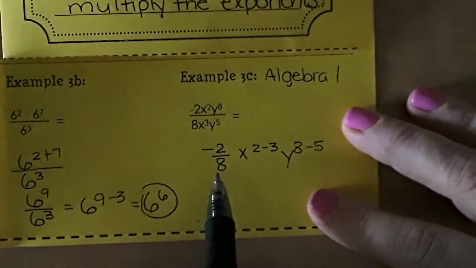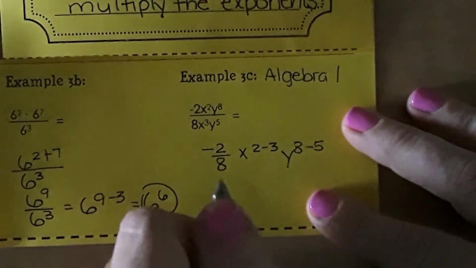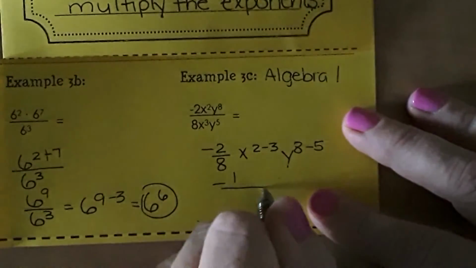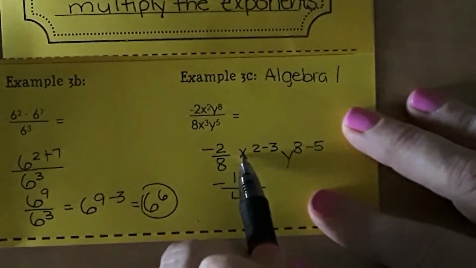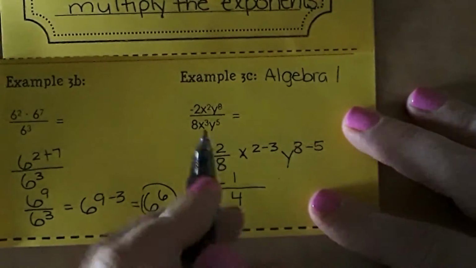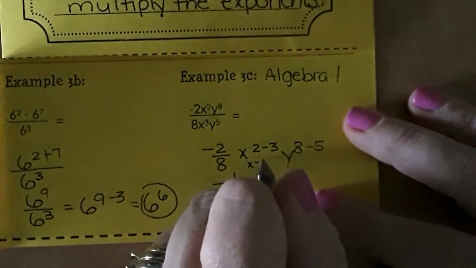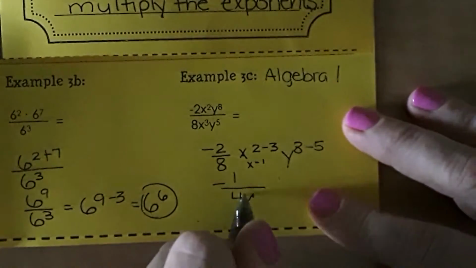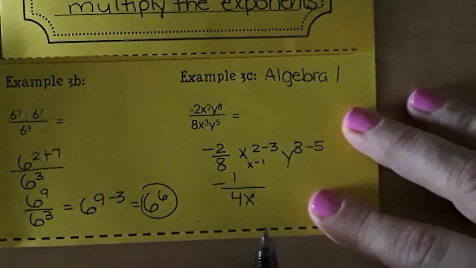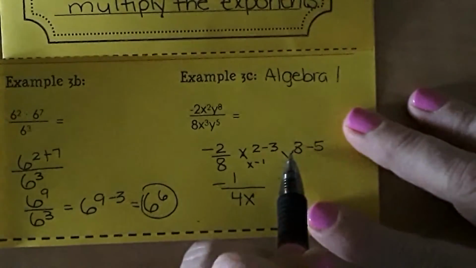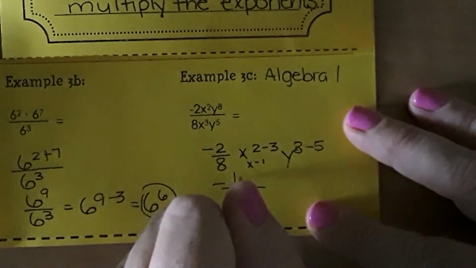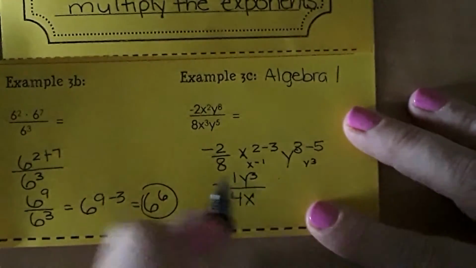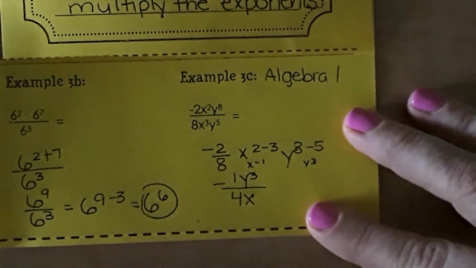I can simplify negative 2 over 8 by dividing both the numerator and denominator by 2. So it's negative 1 over 4. x, 2 minus 3, becomes x to the negative 1. I can't have a negative exponent, so I'm going to bring that down and make it positive. It'll go onto the denominator. And then y, 8 minus 5, is 3. That is a positive number, so it's going to go onto the numerator.